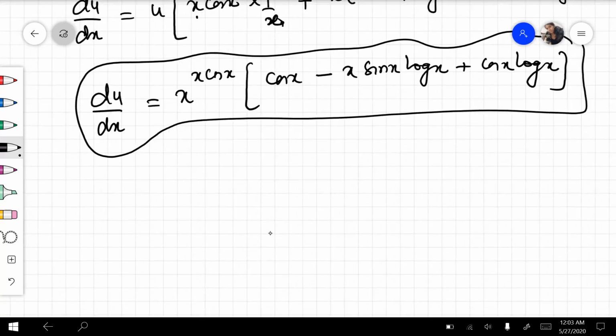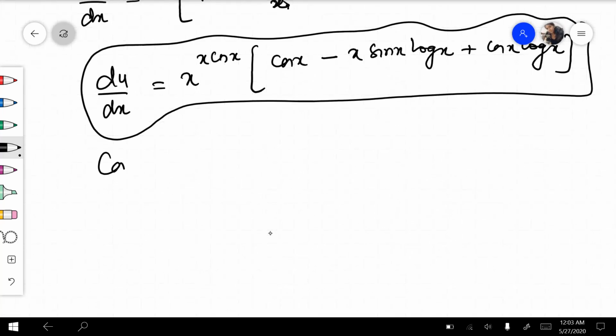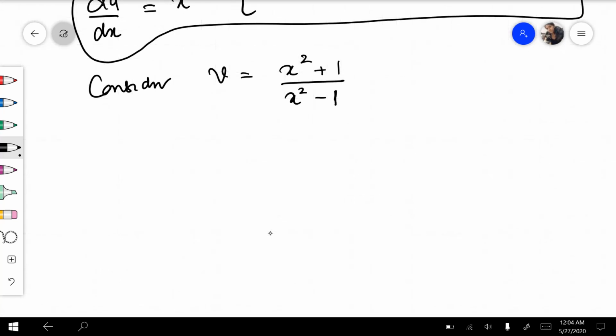Now v was equal to x square plus 1 upon x square minus 1. Here we can make use of two different ways. We can make use of quotient rule. We can make use of logarithm because it is not a function raised to power function; it is a simple division of two functions. So let's apply quotient rule.